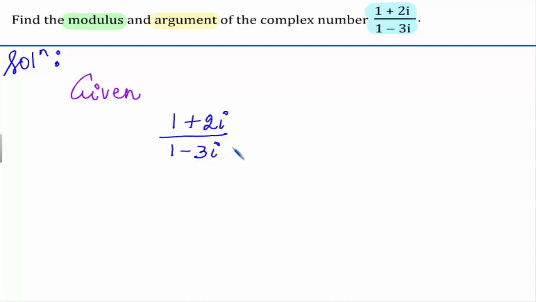To find the modulus and argument of this complex number, first we need to write this in its standard form. To write this in standard form, first we are going to multiply the numerator and the denominator of the given complex number by 1 plus 3i. 1 plus 3i is nothing but the conjugate of the denominator.